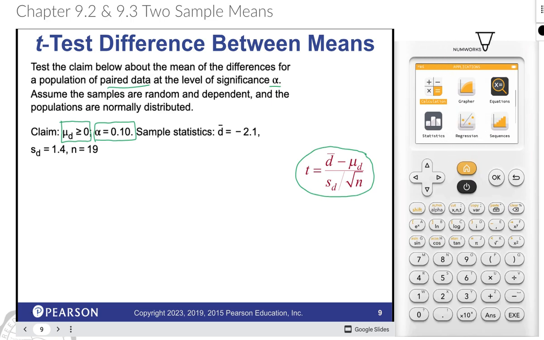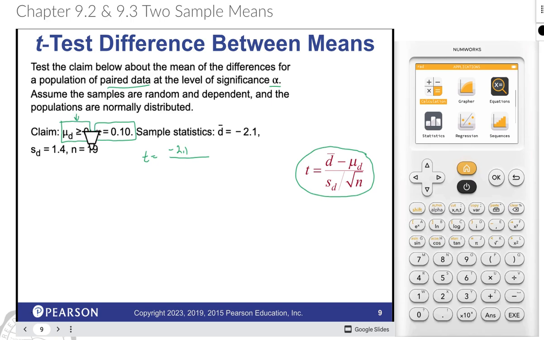Okay, so what do we do first? Let's go ahead and calculate this. So we're going to get that t equals d bar, which is negative 2.1, minus the mean of the differences in the population, and we take that from right here, we take it as equal to 0.